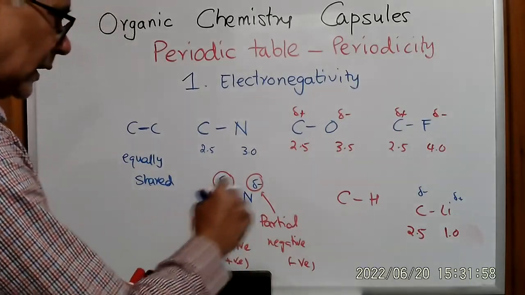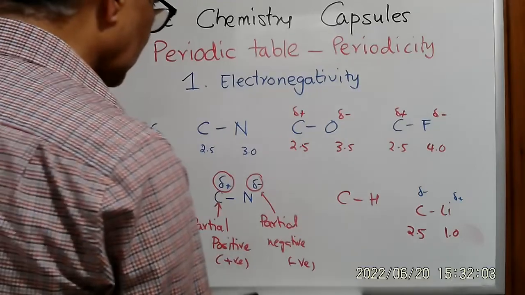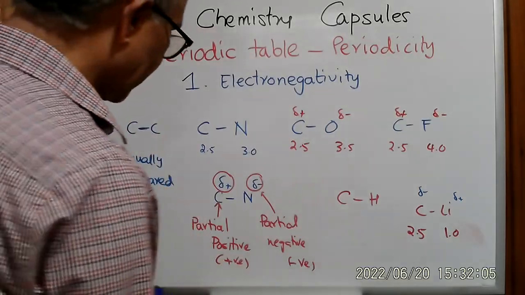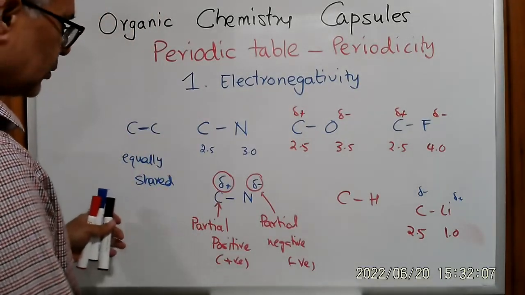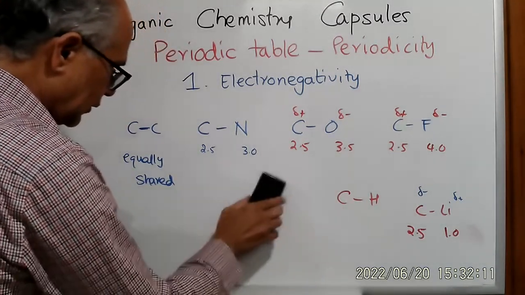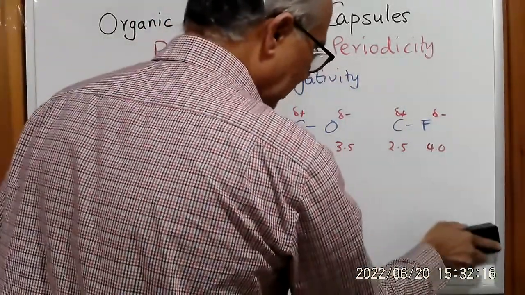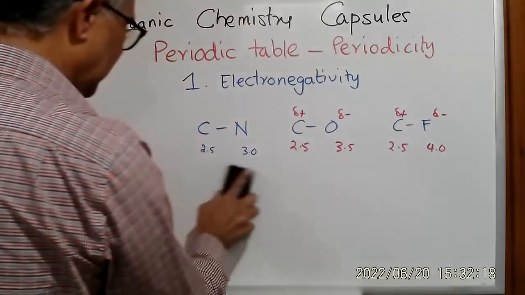Now that leads to another discussion about the types of bonds, which I'm sure you are well aware of from previous courses, but we'll add something more to what we already know.